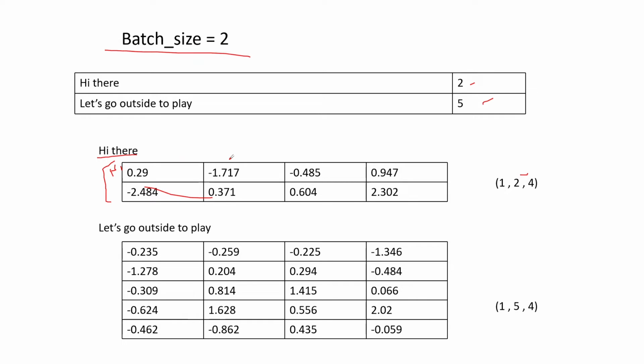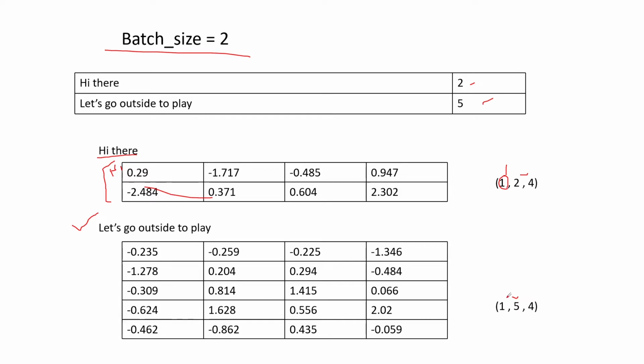The one that I have added is something that the data loader itself adds. So that is one example, and the first example has 2 rows and 4 columns. However, the second sentence, "let's go outside to play", has 5 rows, 1, 2, 3, 4 and 5, and the columns obviously remain the same.